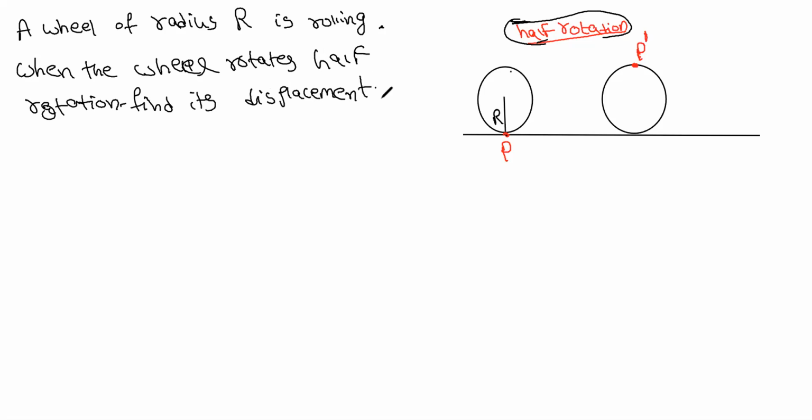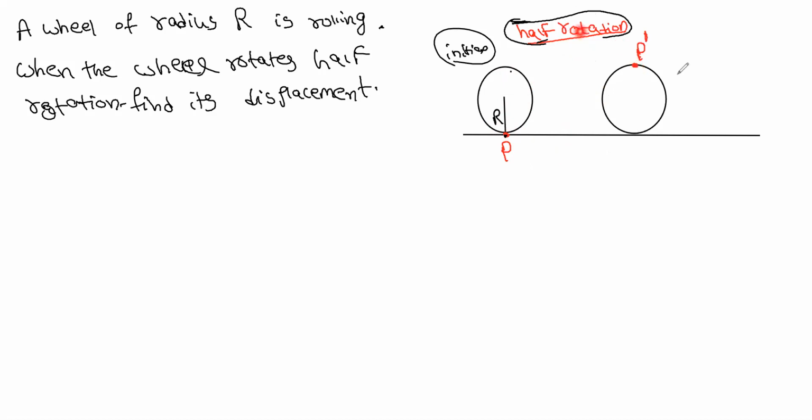As I told before, displacement means the straight line distance. So this is the initial position, where the point P is at the bottom. After rolling half a rotation, obviously P will be on the top. The wheel moves forward and P will be on the top, somewhere over here.